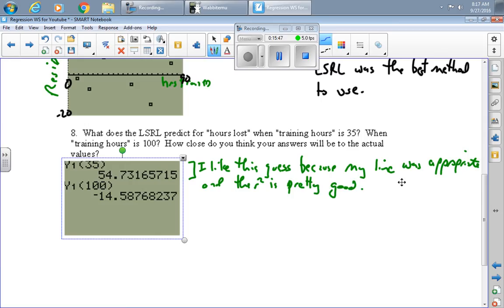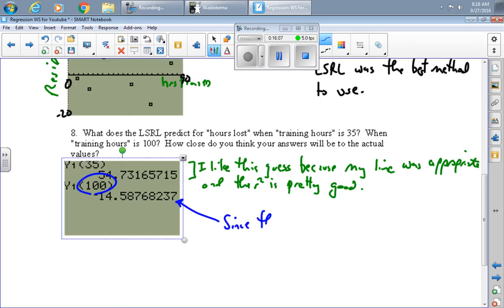Now this one seems funny to me, and it seems funny because it's negative, so that means people are actually going to work more. But the reason that it's problematic is this is extrapolation. The 100 is outside the domain of my x's, and my trend is uncertain out there.